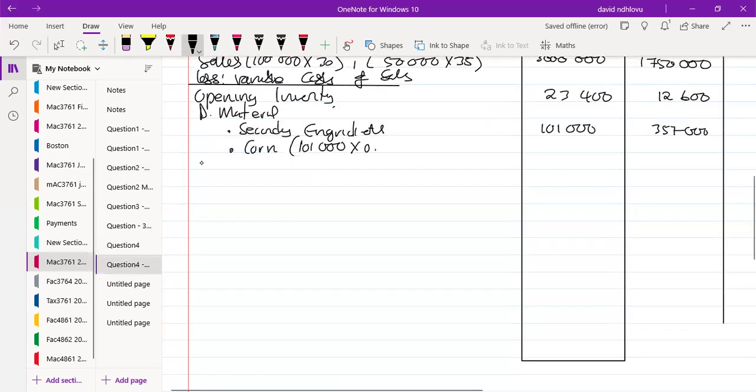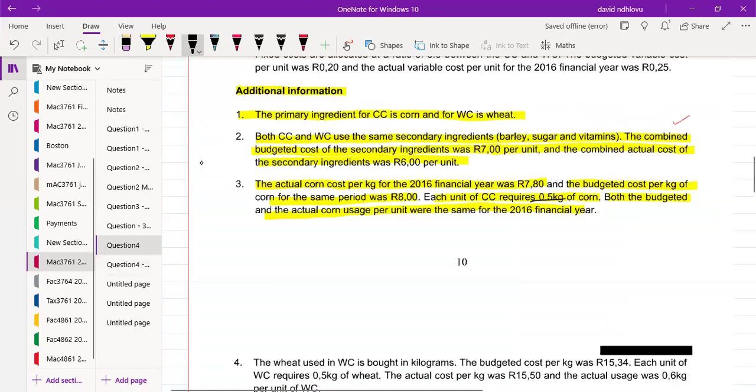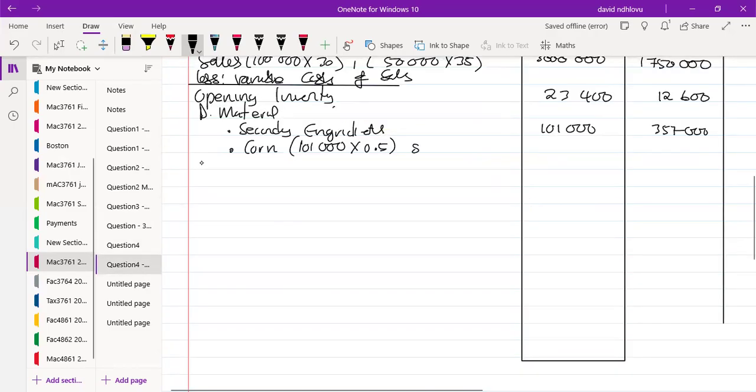So when we multiply 0.5, which is the consumption per unit, by the number of units produced, we get the total kgs that we require, and then we multiply that by the budgeted cost per kg. So multiplied by 8. So therefore, 101,000 by 0.5 by 8, then we get 404.